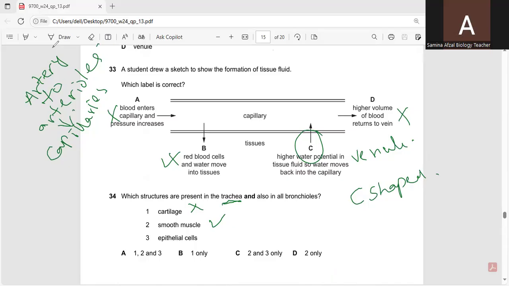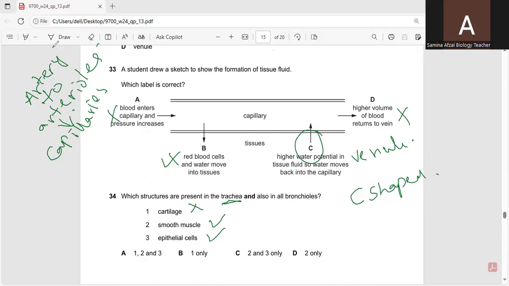The trachea is lined with ciliated columnar epithelial cells, which also have goblet cells. So the epithelial cells play a crucial role in trapping foreign particles and moving mucus out of the airway. So epithelial cells are present in the trachea, and bronchioles are also lined with epithelial cells, although the type changes as they get smaller, but they are present in bronchioles as well.